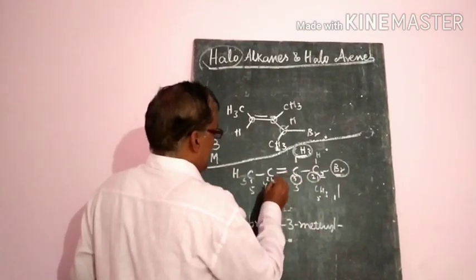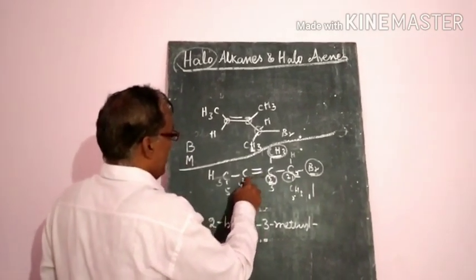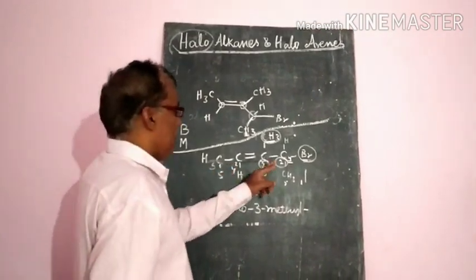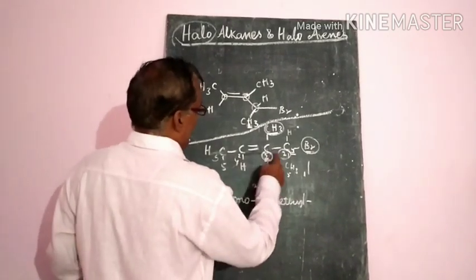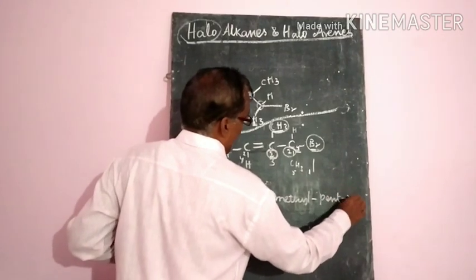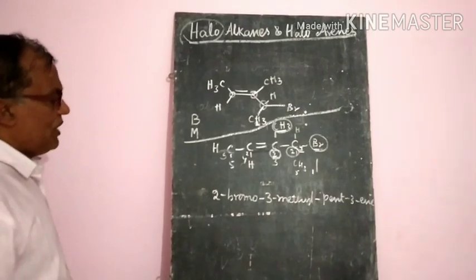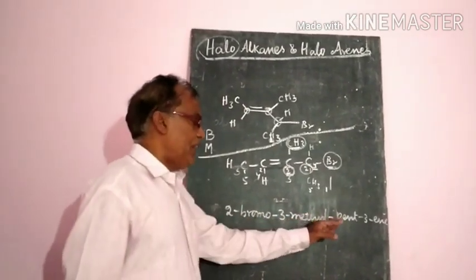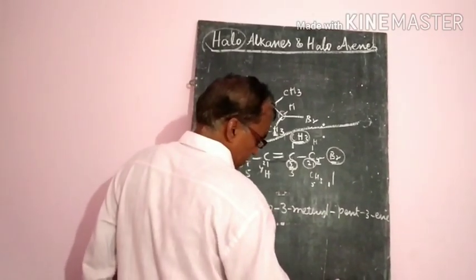But here at the third carbon atom we are getting the double bond. Numbering 1, 2, 3, 4, 5: 2-bromo, 3-methyl, pent-3-ene. In pentene, the carbon atom where the double bond is there, you have to mention it. So 2-bromo-3-methylpent-3-ene. Like this we can give the name.